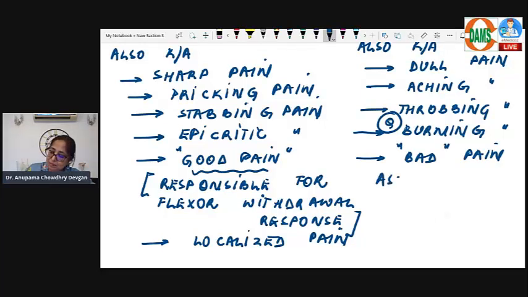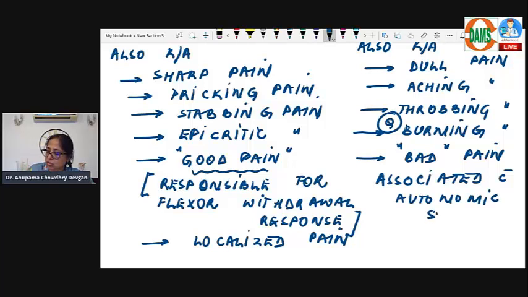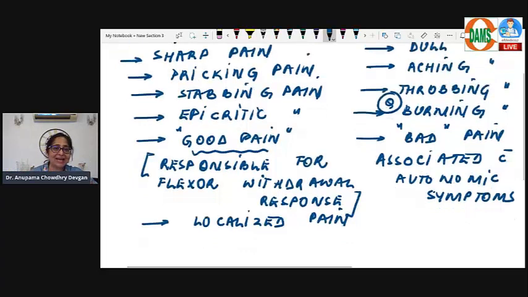Because this slow pain is associated with autonomic symptoms. You know that pain can be associated with tachycardia. It can be associated with increase in blood pressure. It can be associated with vomiting. Have you understood? So it is associated with autonomic symptoms. That is known as the bad pain.